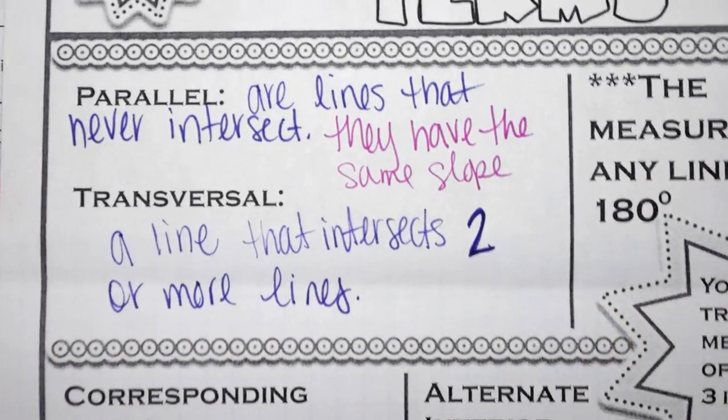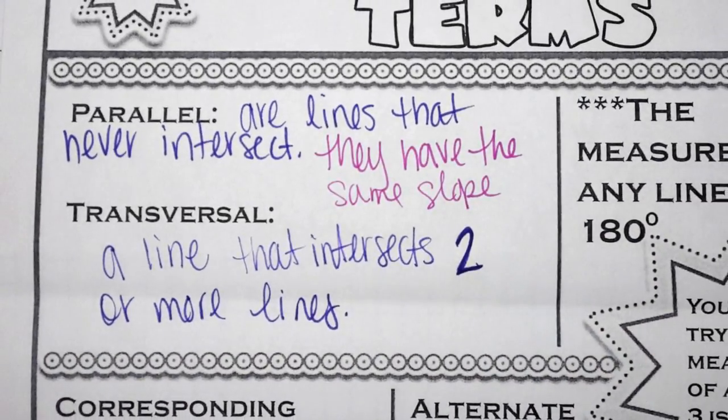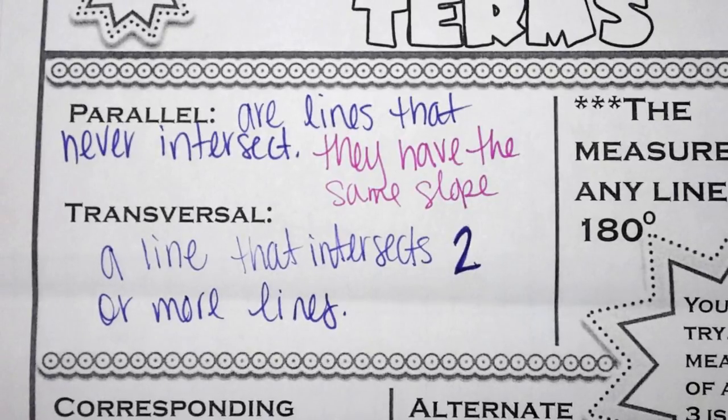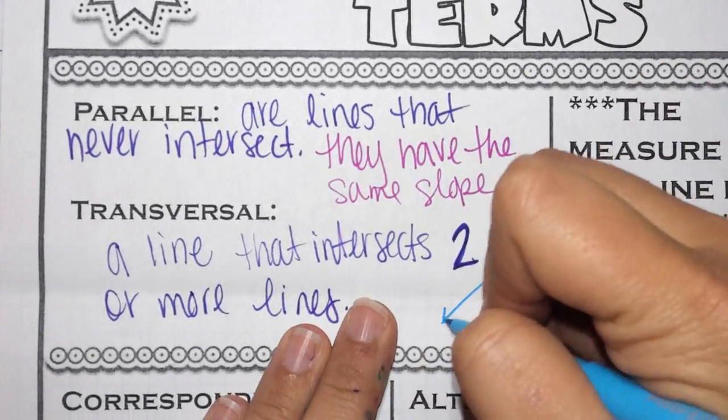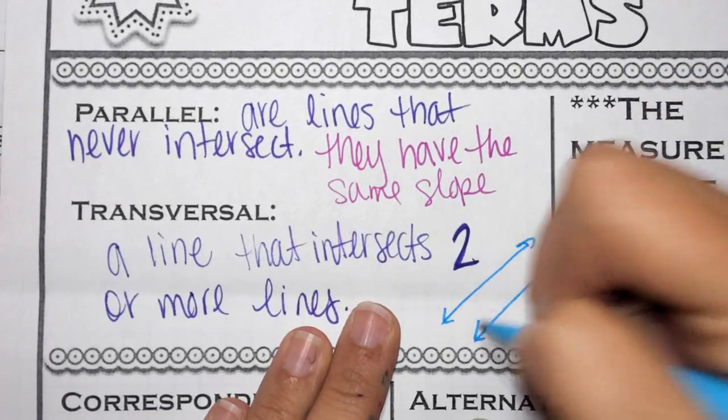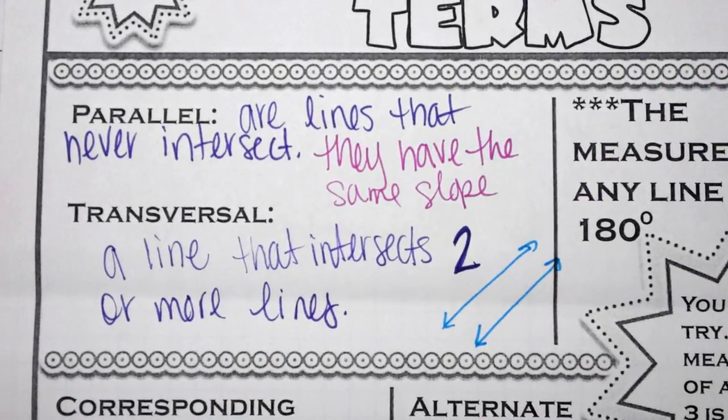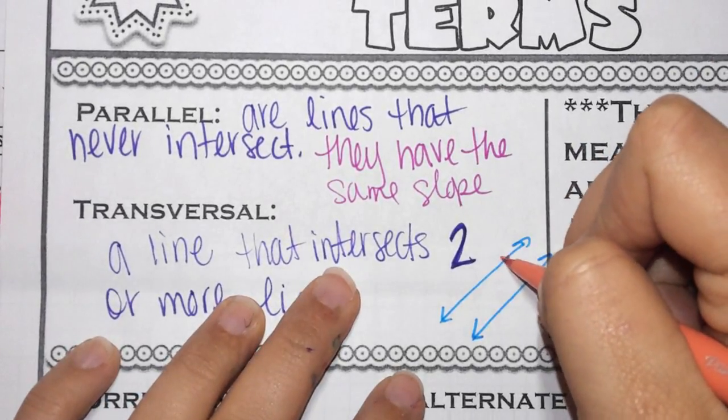Okay, so does anybody know what symbol we use when we draw on lines when they're parallel to each other? Like if I had these two lines right here, how do we know that they're parallel? It's not a tick mark. It's a triangle.